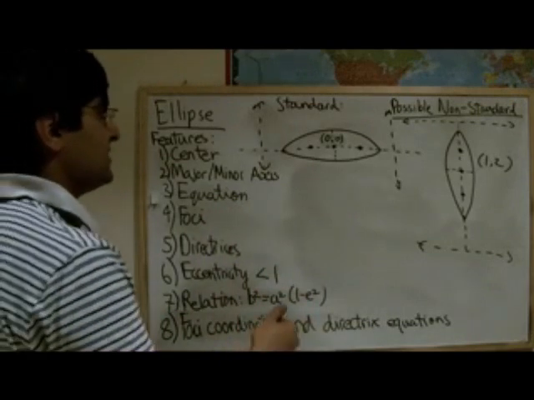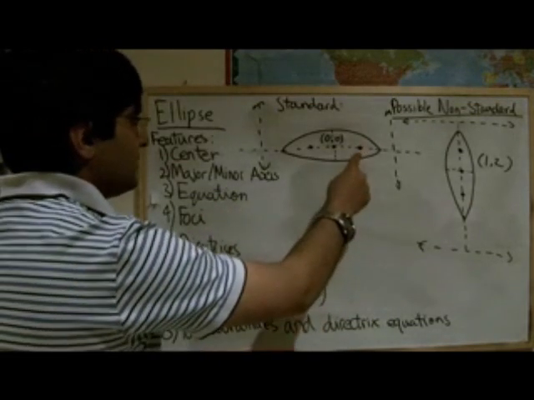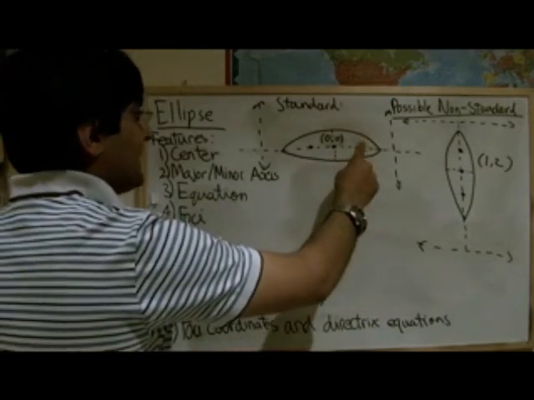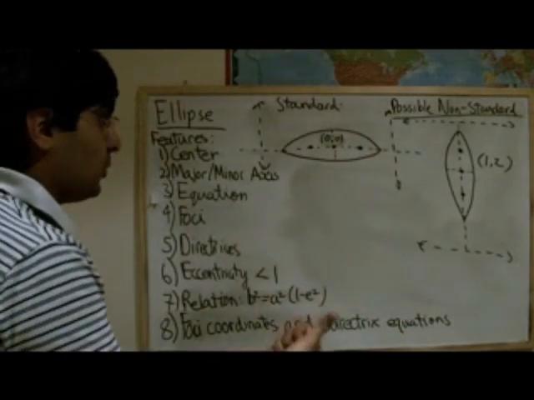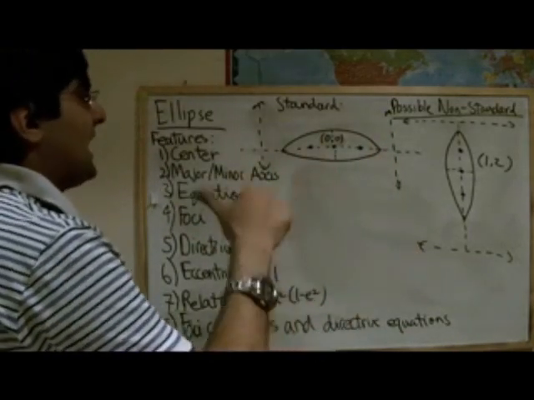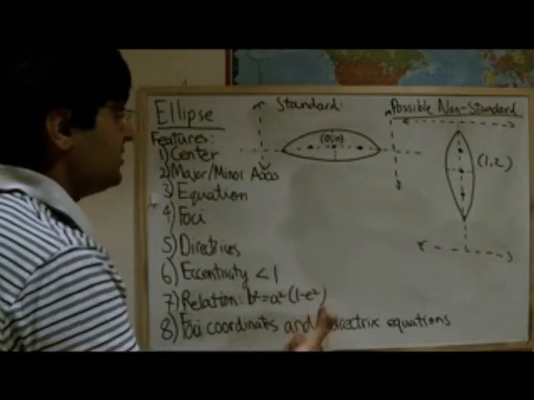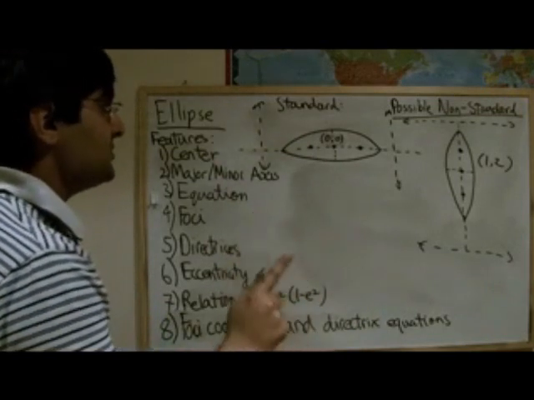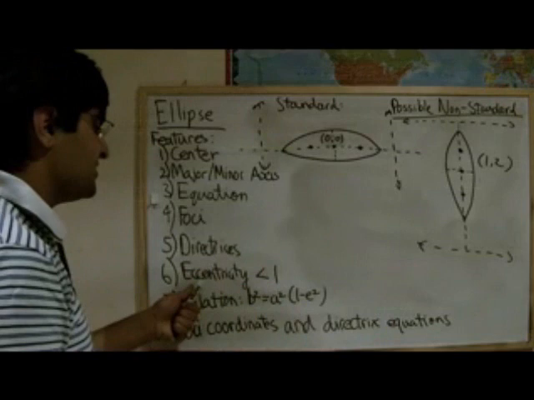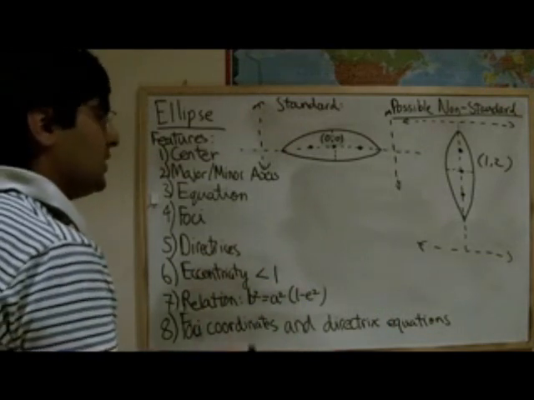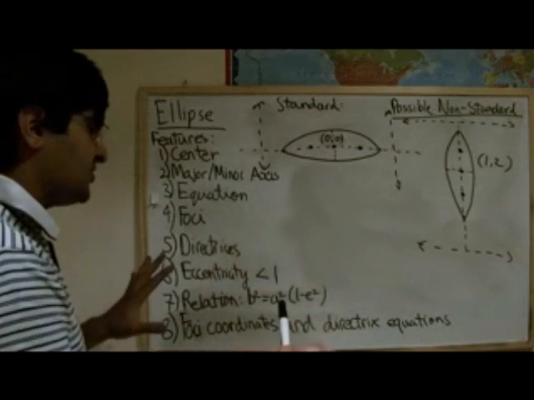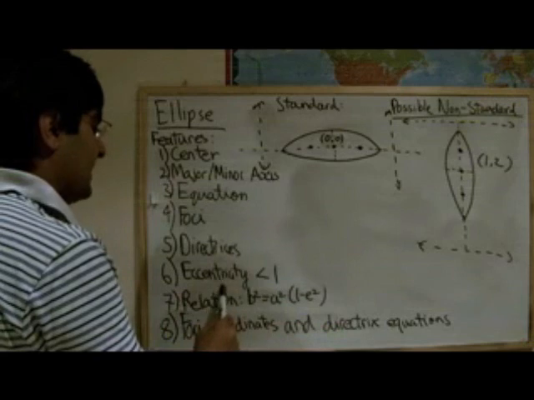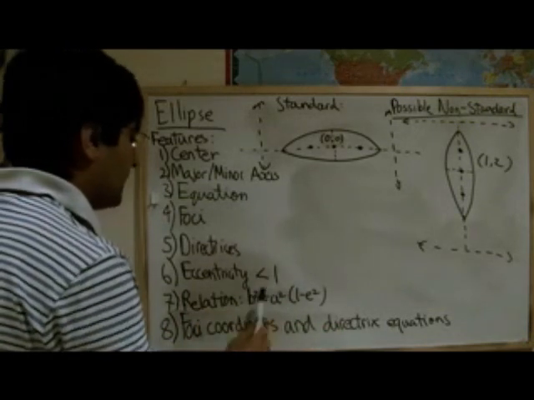The first distance being the distance between a point on the ellipse and the focus, and the second distance being the distance between a point on the ellipse and the directrix. The ratio of these two distances is called eccentricity. And in the case of an ellipse, no matter what ellipse you're looking at, whether it's standard or non-standard, the eccentricity of any ellipse will always be less than 1.